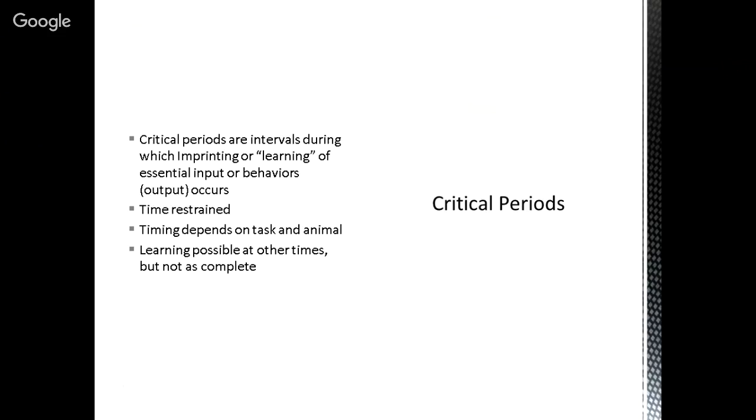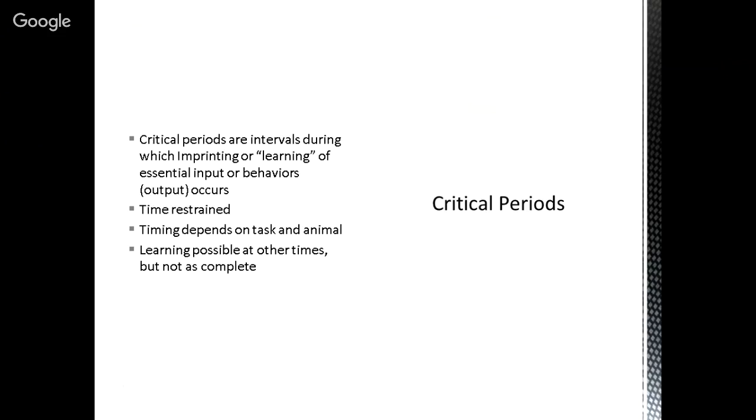Probably ones without great critical periods are just much harder to tease apart, and that's why these are easier. Critical periods are basically intervals during which the imprinting or the learning can happen with the appropriate input. It's very time constrained for the following behaviors. That's on the order of 24 hours.